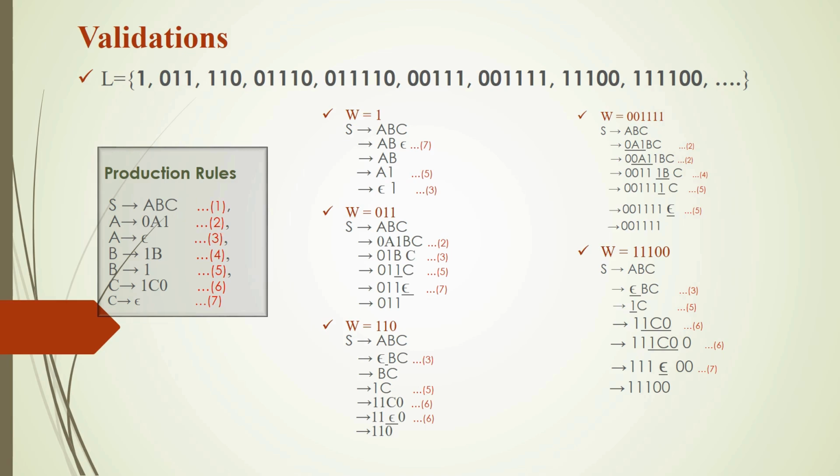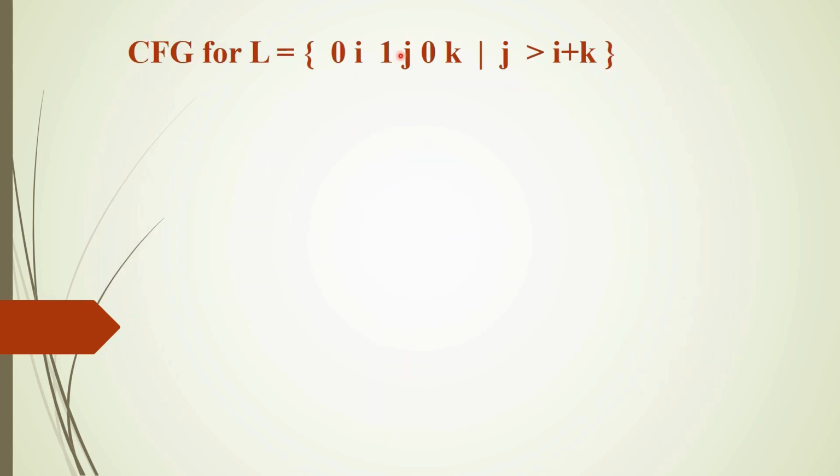Now we have to write the context-free grammar in the form of a 4-tuple. These are the 4-tuple which is part of your context-free grammar: V, T, P and S. As per our given production, V is nothing but S, A, B and C. These are the variables or non-terminals we use in the generation of the context-free grammar or production rules.